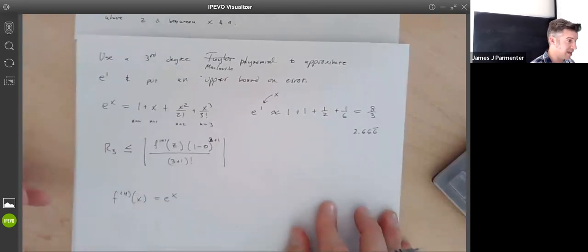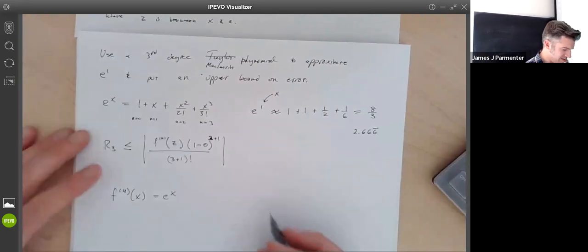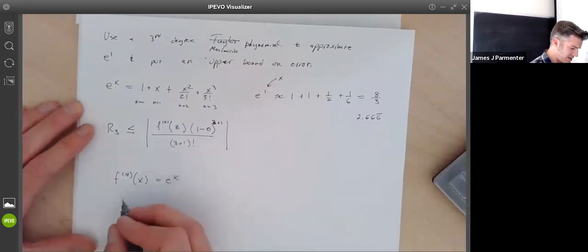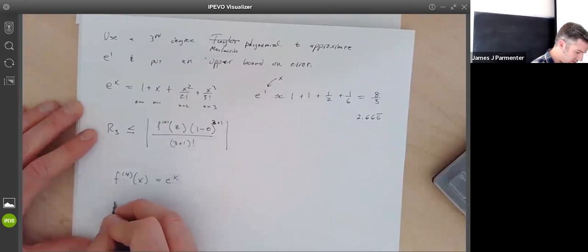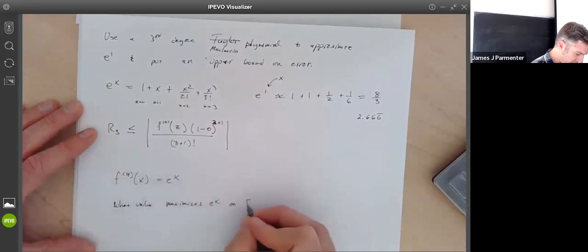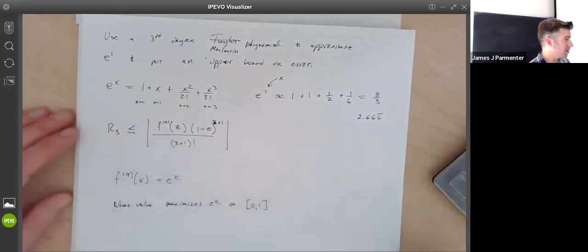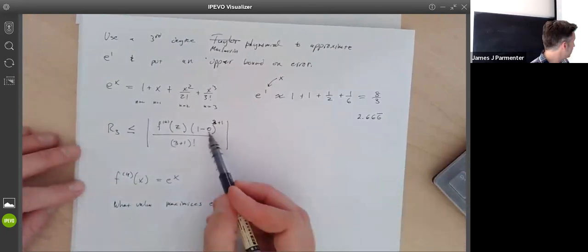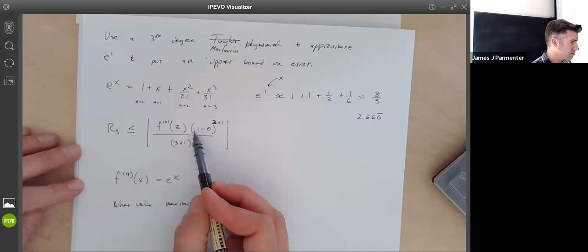We know the derivatives of e to the x are always just e to the x. So now the question is, what value maximizes e to the x on the interval from 0 to 1? Because that's what I'm working with, between my center and my x value.